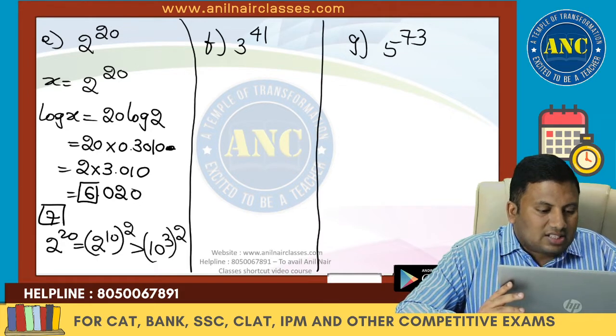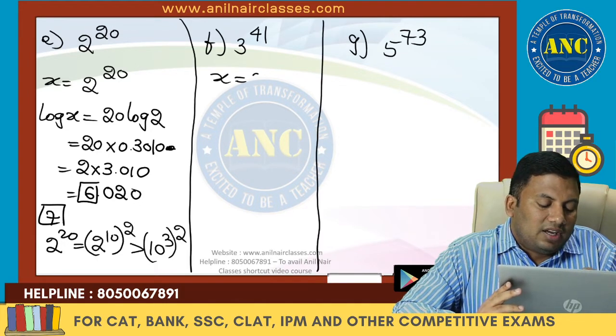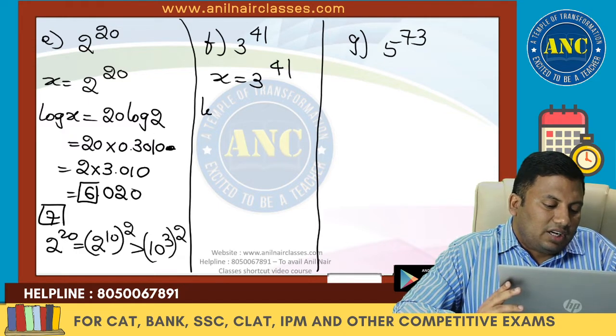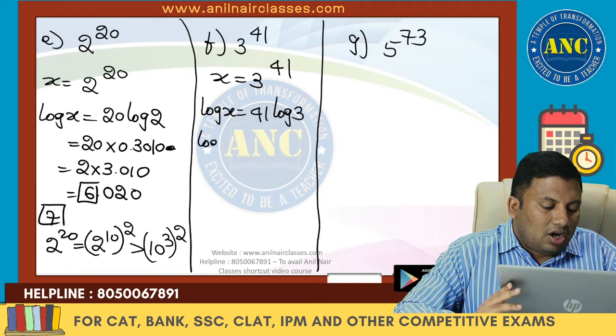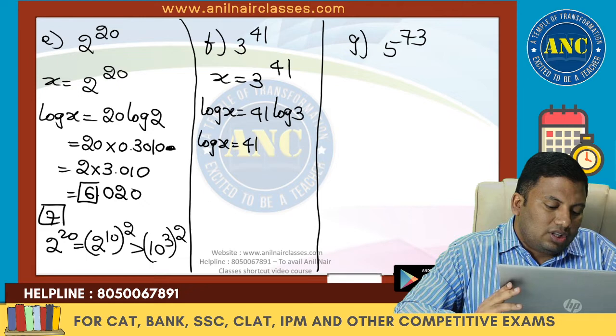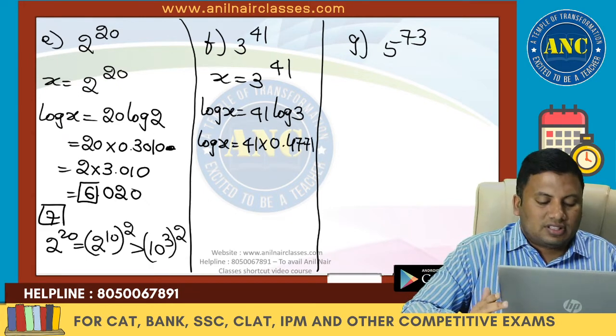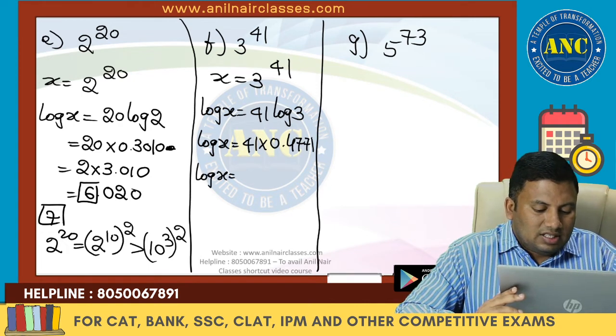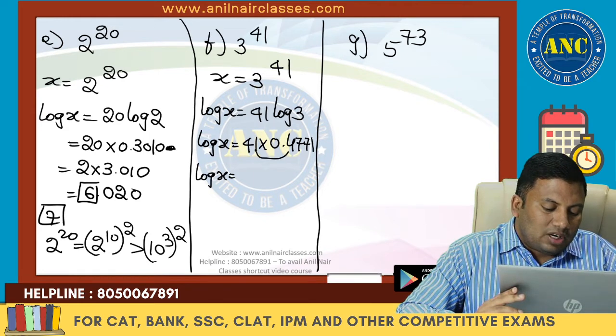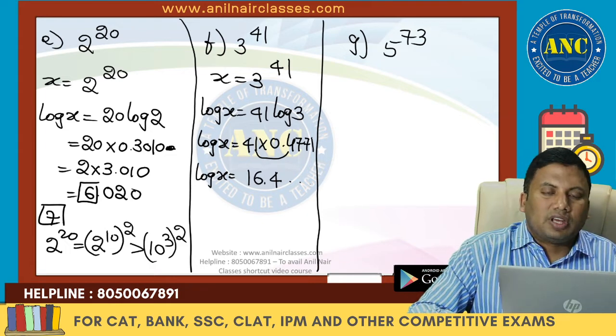Next one. Let x equal 3 power 41. Log x equals 41 log 3. You should know the value of log 3, which is 0.4771. So log x is nothing but, if you observe closely, 41 4s are 164, so 16.4 something.